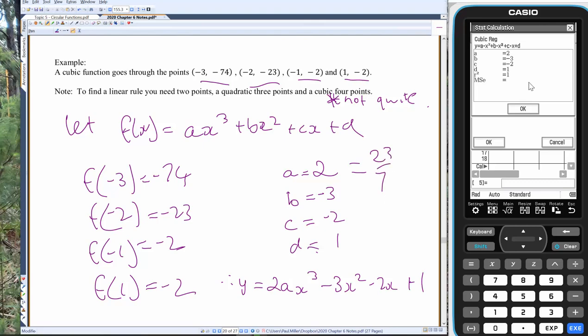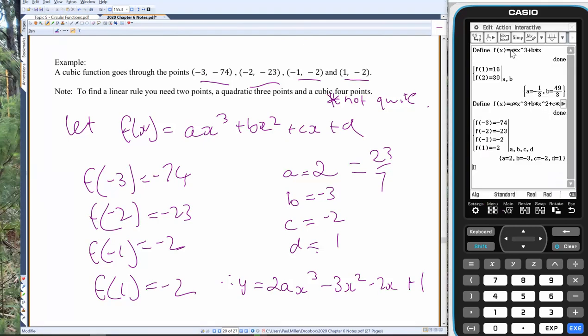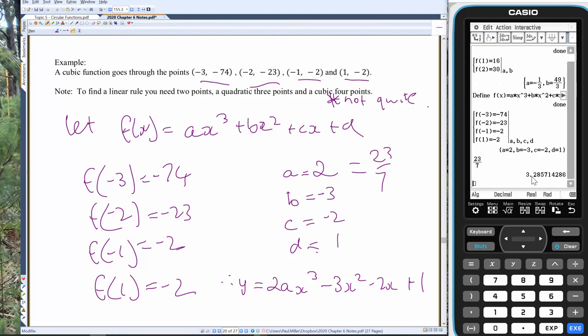Students who used cubic regression on that ended up using an approximation, writing 3.2857, or worse still, choosing to round it to 2 decimal places.